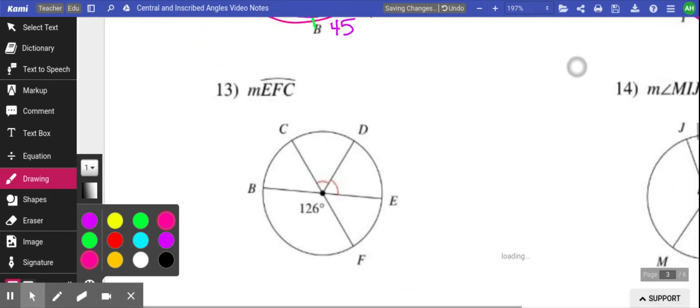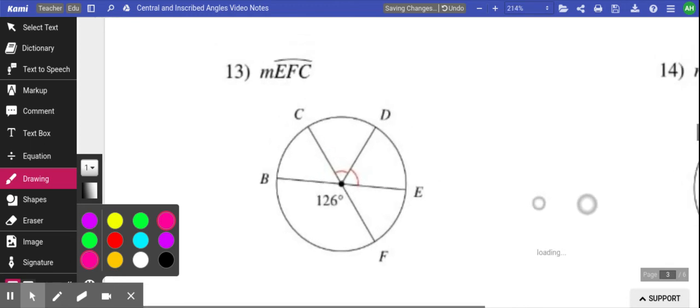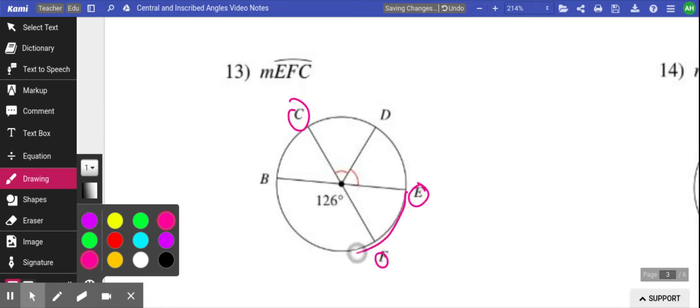All right, moving on. Now we are trying to find the arc length EFC. So here's E, here's F, here's C, so we're going around this way. Same thing: we have a diameter here, so this side has to be 180 degrees.